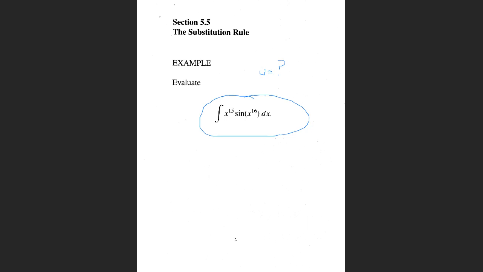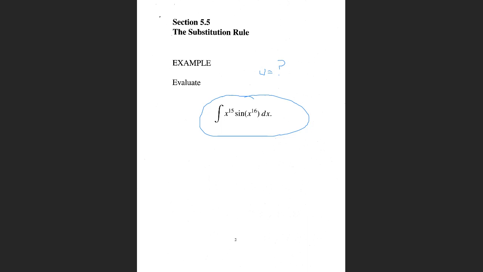I should know that. Hold on. I don't want to answer too quickly. How about negative cosine? The antiderivative of cosine is sine, but the antiderivative of sine is, how many remember, negative cosine? Yeah, negative cosine.